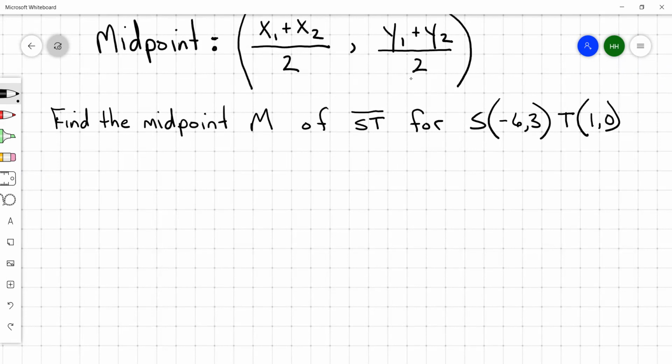When you're given this type of problem and you're dealing with x's and y's, the first thing I want you to do is label these coordinates. Point S has coordinates -6, 3. So -6 is your x sub 1, and the 3 is your y sub 1. Point T has x, y values. The 1 is your x sub 2, and the 0 is your y sub 2.